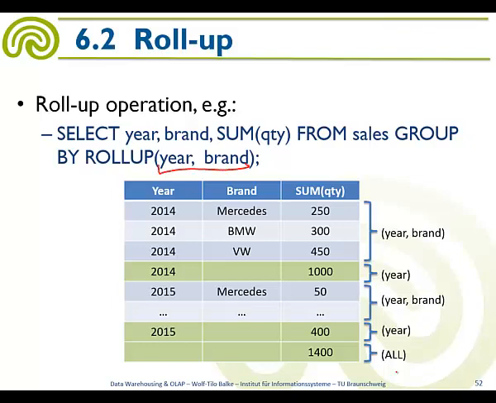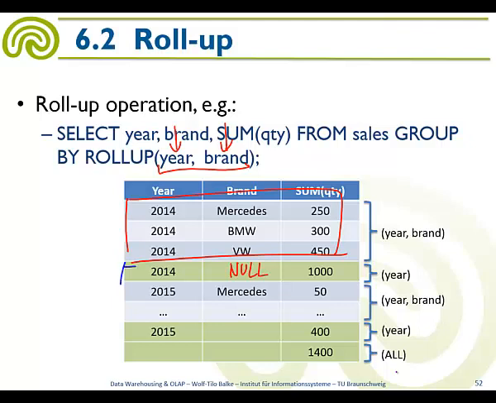So I look at the complete data, then I leave out the brand, and then I leave out the year, right? So I look at the complete data by year and brand. Then I leave out the brand, which creates a generated null here, right?